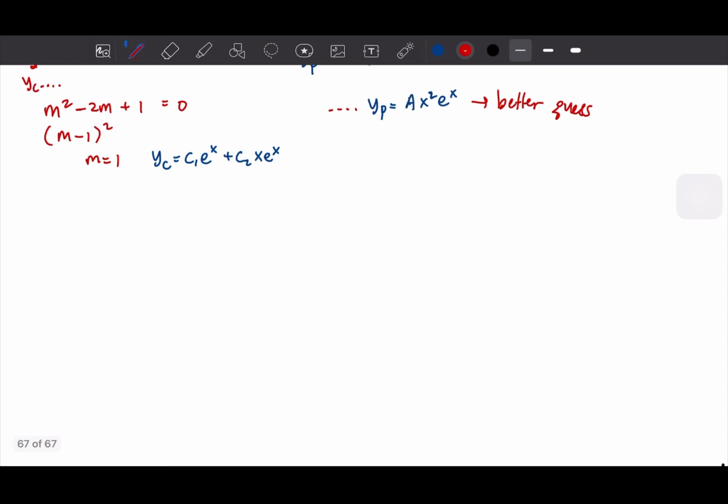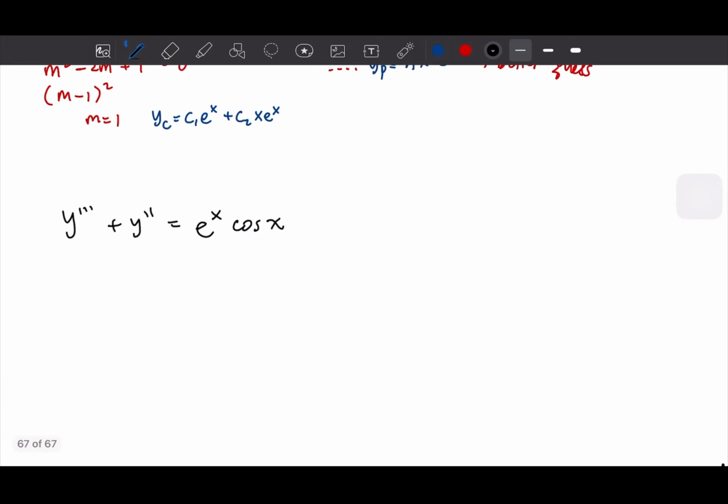So for example, if I take the third order equal to e to the power of x cosine x, the process is still the same.